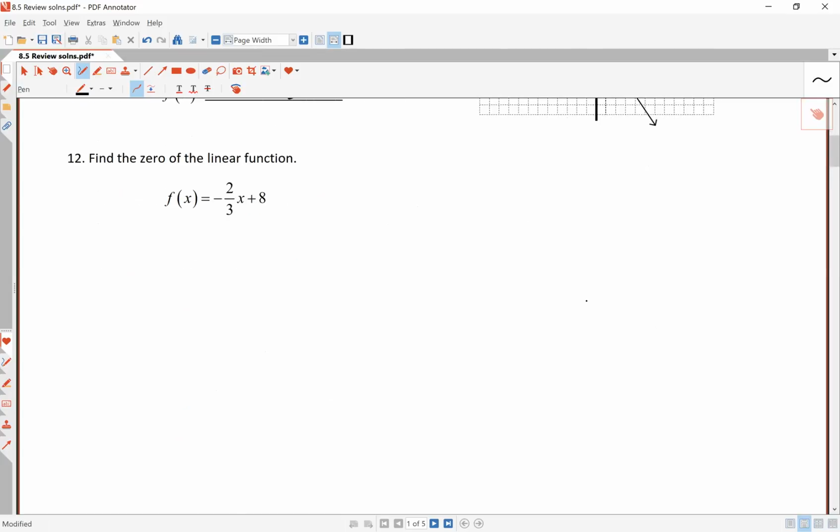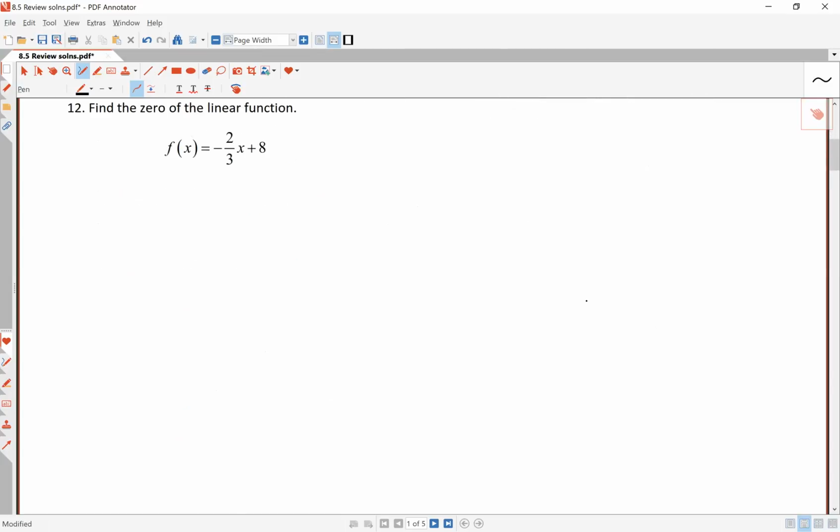Number 12, find the zero of the linear function. If we don't have a graph, then we have to set f of x equal to 0. 0 equals negative 2/3 x plus 8. Subtracting 8 from both sides, we have negative 2/3 x equals negative 8 over 1.